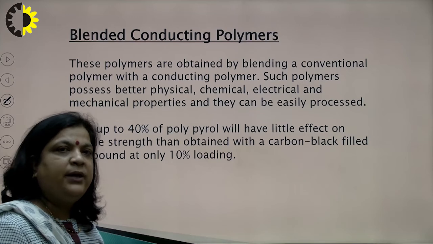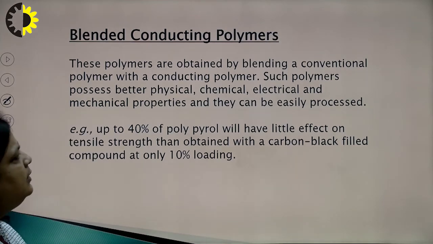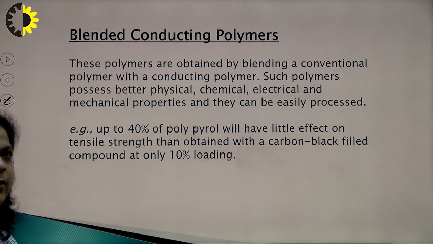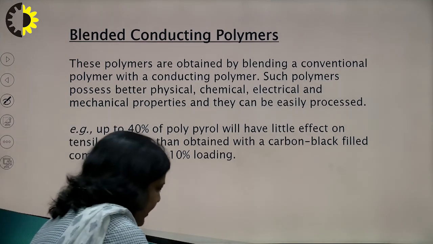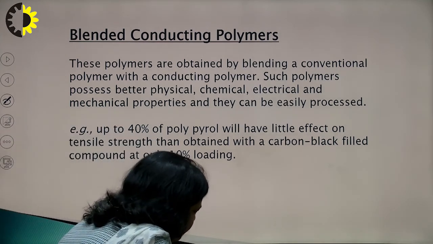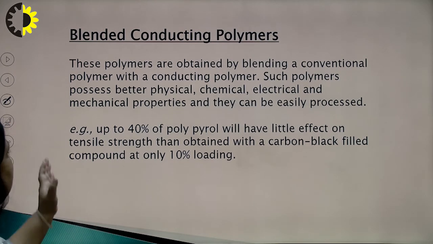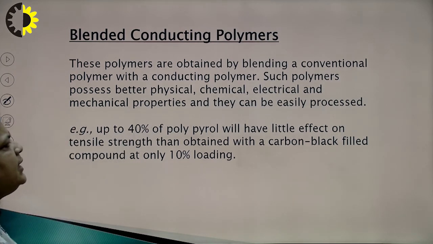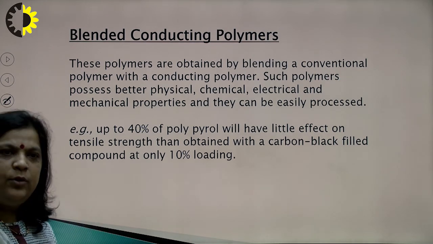These polymers are obtained by blending a conventional polymer with a conducting polymer, and after blending they have different or better physical, chemical, electrical and mechanical properties, and they can be easily processed.